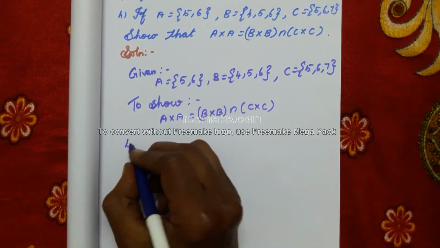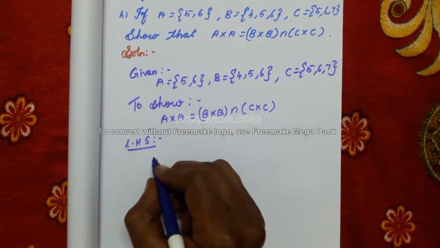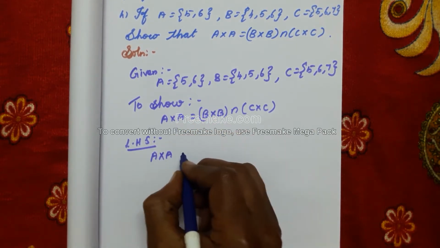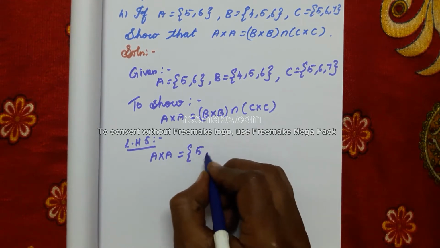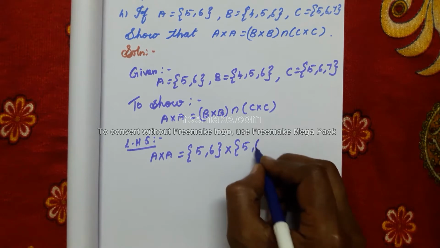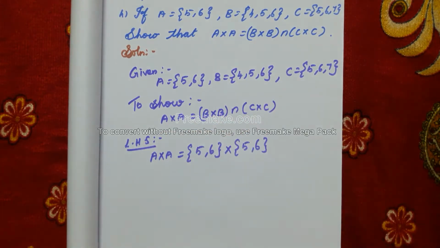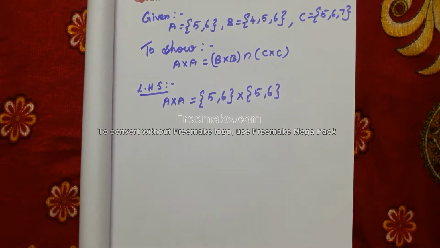First, the left hand side. What is the left hand side? A cross A. A is {5, 6}, so A cross A is {5, 6} cross {5, 6}.